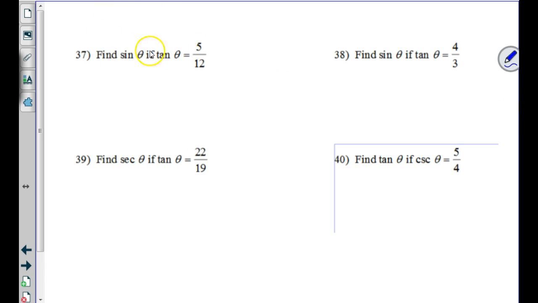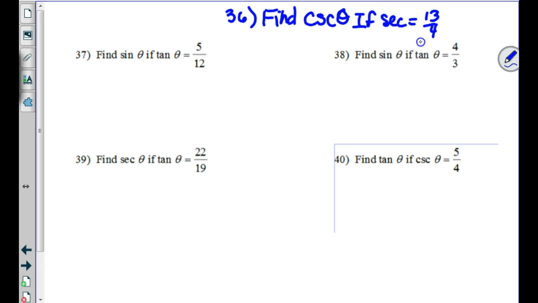Is it like this kind? Where it gives you words like that? Okay. So what does it say? Find CSC. Okay, cosecant, good.